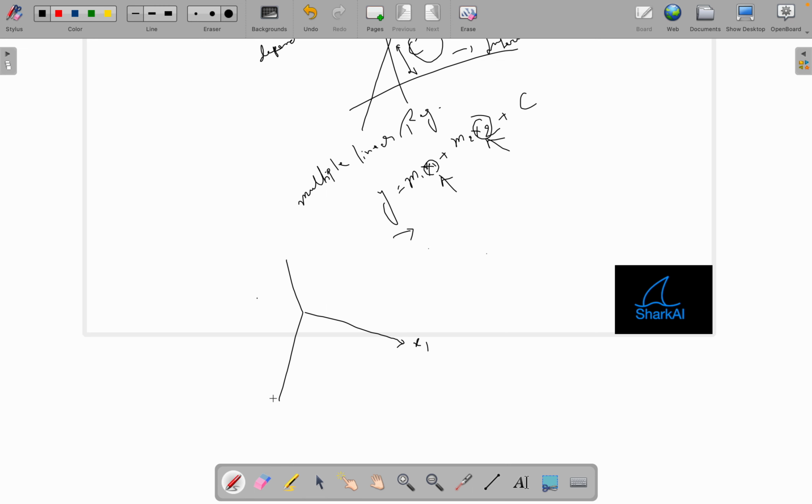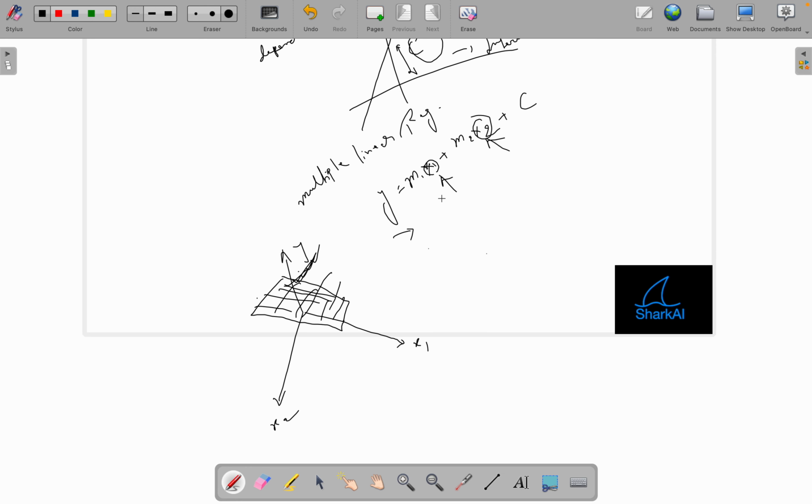If it's x1, x2 and y, then there will be some plane which will represent the y value, because y will be the combination of these two values x1 and x2. So in three-dimensional space the value of y will be a two-dimensional plane. This is how we represent multiple linear regression.